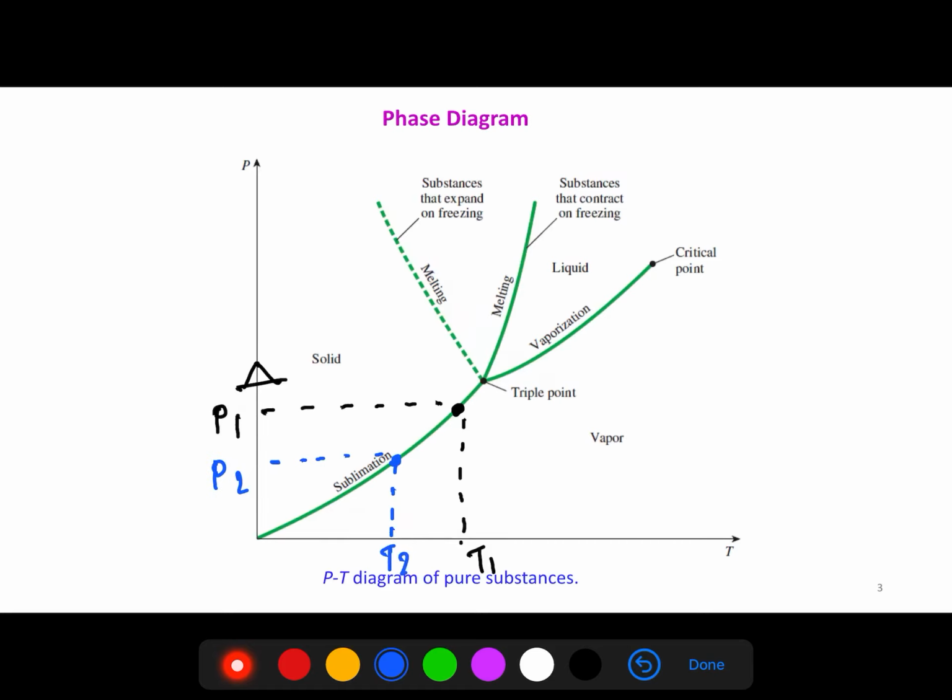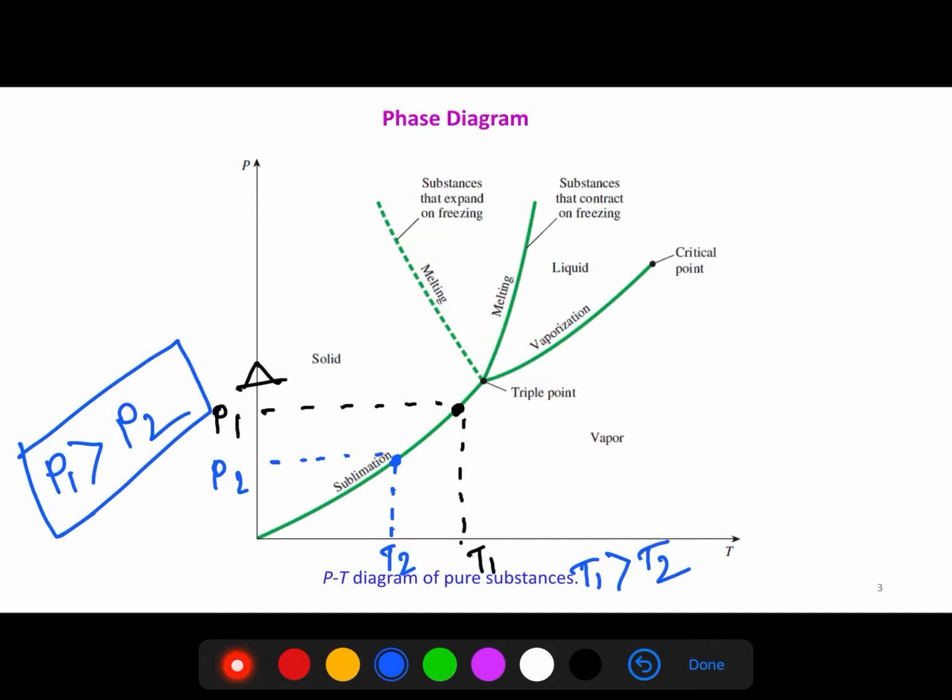What we found here is that P1 is greater than P2, isn't it? And here you also see T1 is greater than T2. That means if we increase the pressure, then the temperature will also increase.